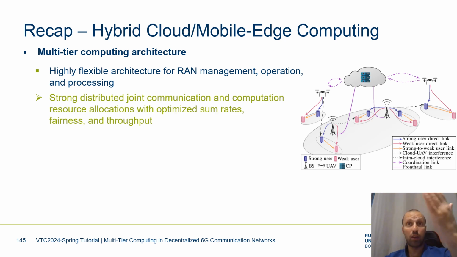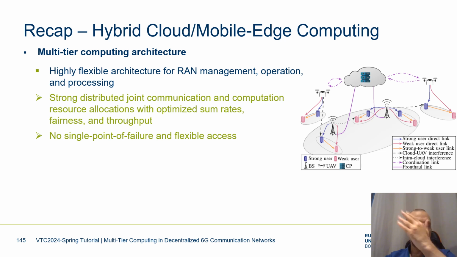We looked also at another problem with an extended reality system, where we tried to see the combined benefit of both cooperative NOMA, from a multiple access perspective, and multi-tier computing, from the actual computing and communication capabilities. We discussed this importance especially from the angle of no single point of failure and flexible access.